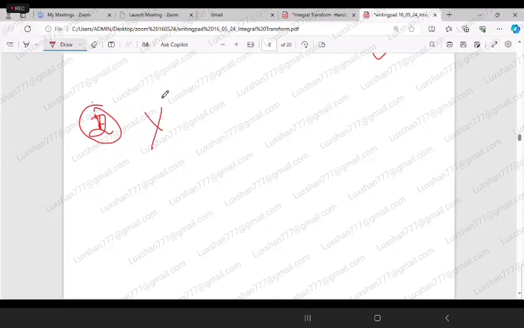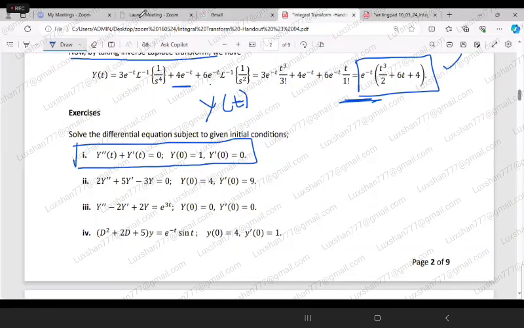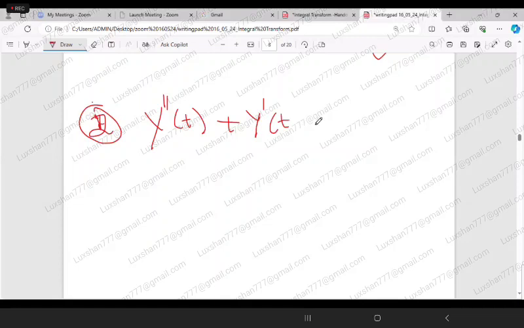Therefore, capital Y double dash t plus capital Y dash t equals 0, subject to the initial conditions Y0 equal 1, Y dash 0 equal 0.